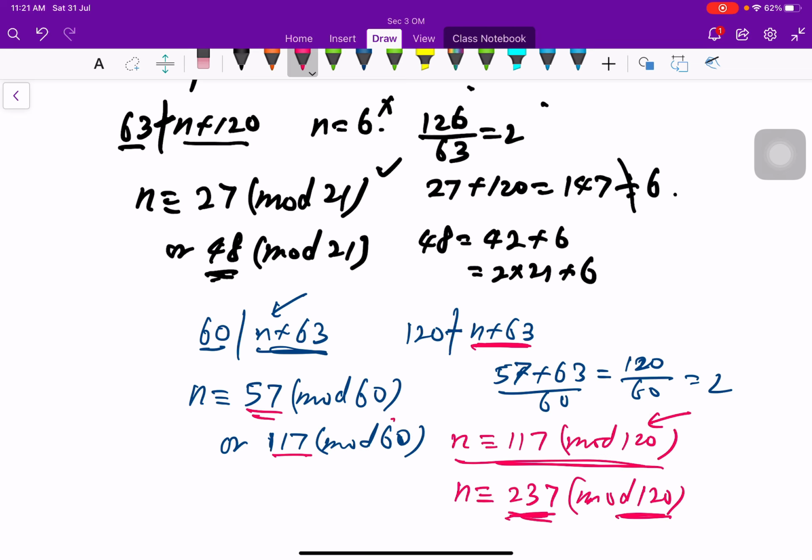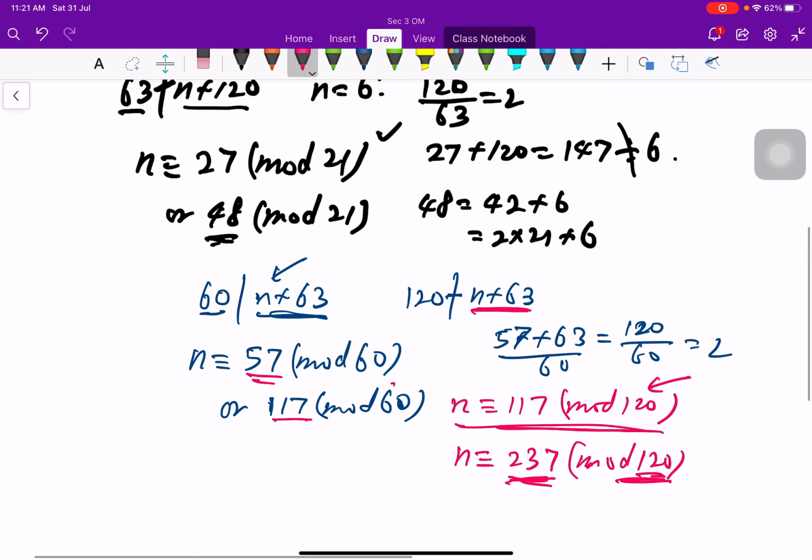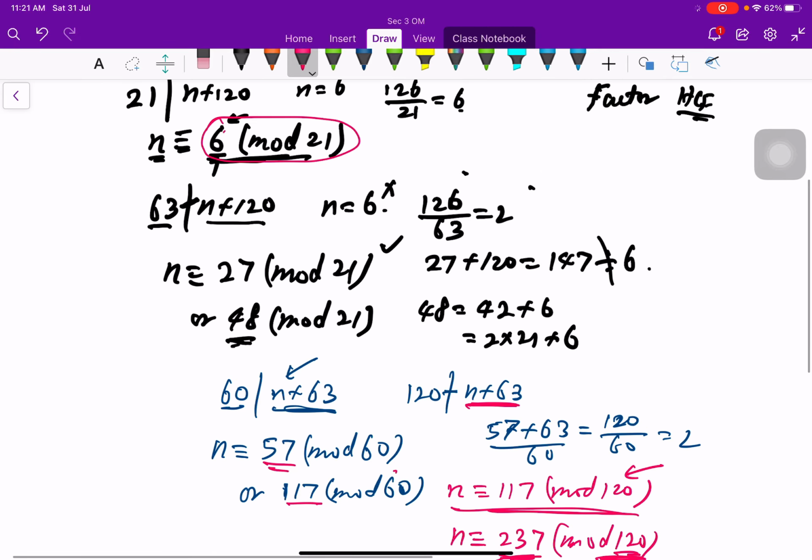Therefore, 120 and 6. Can you see that? Therefore, this part here, this is 21.